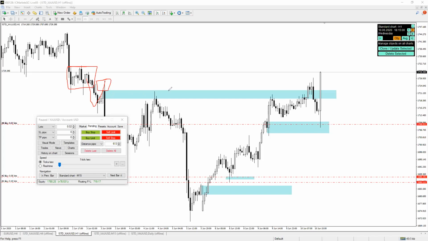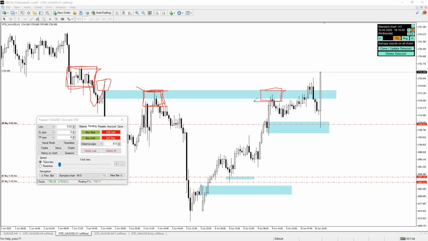So even if we saw a reaction from this point, this is more or less the same kind of idea whereby we're talking about a high, and since price is coming back to this area, price will come test that area a bit, not touch it completely, and then continue about its own moves. And then by the time price is coming back, it will be looking for a high to break.